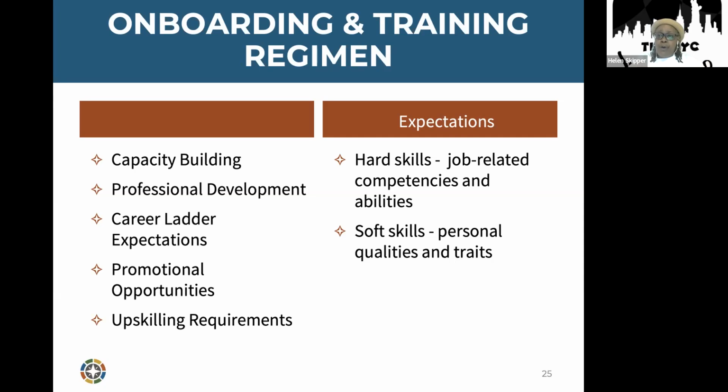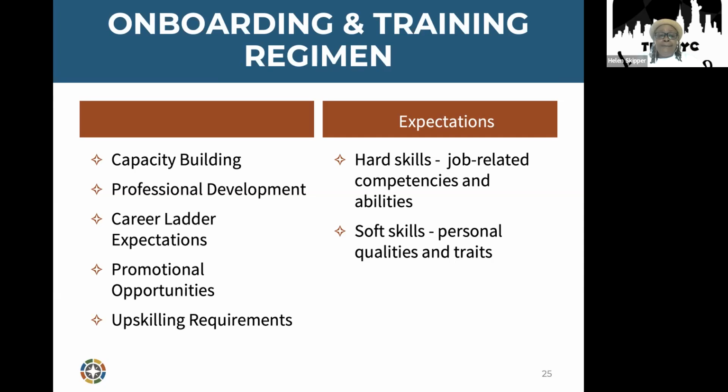And when I met with the whole team, I let them know my position is here for you to take. Please come and take it from me because I have opened the door. I have built this position. This is a position that you can be promoted into. Why? Because all you need is that capacity building and professional development. We want career ladder expectations.